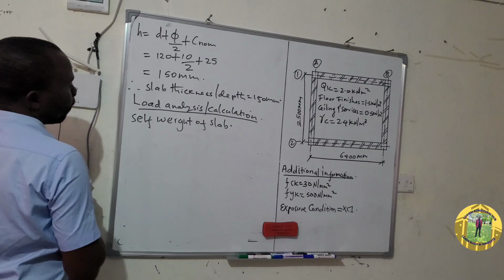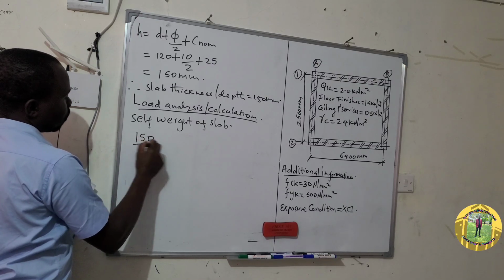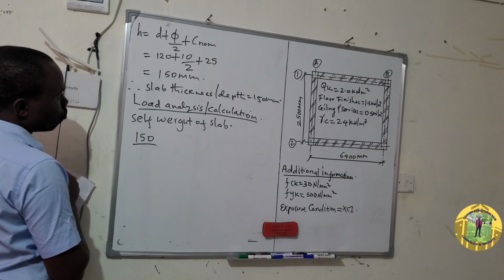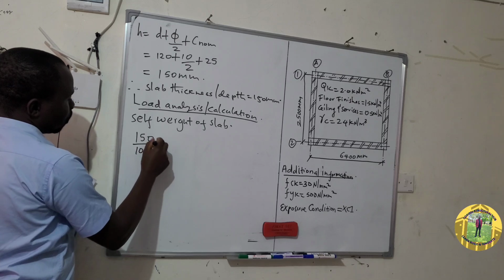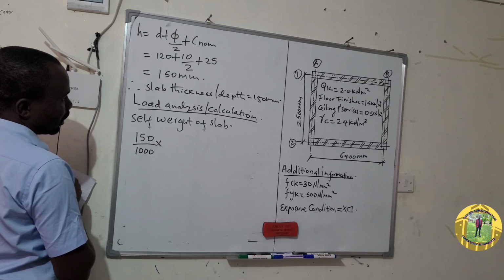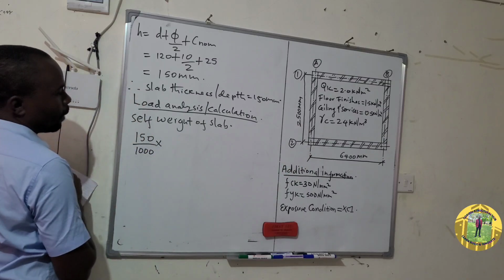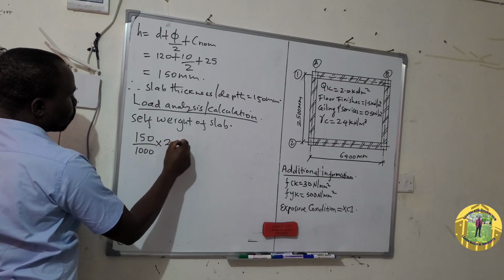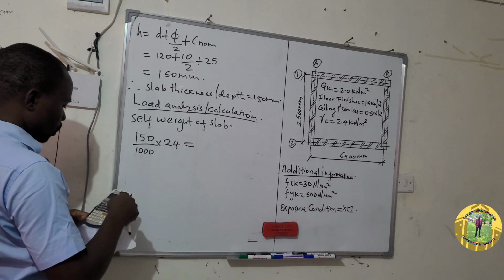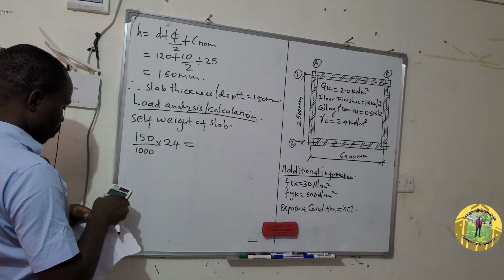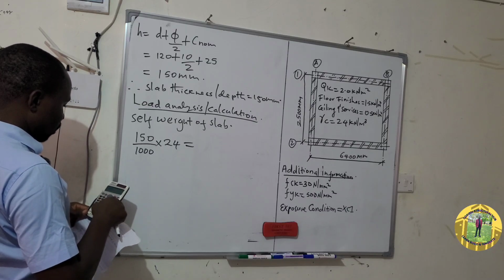So the slab has a thickness of 150. So convert 150 into meters, divide it by 1,000, then multiply by the density or the unit weight of concrete, which is 24 kilonewton per meter cubed. So times 24, you will get 150 all over 1,000 times 24.